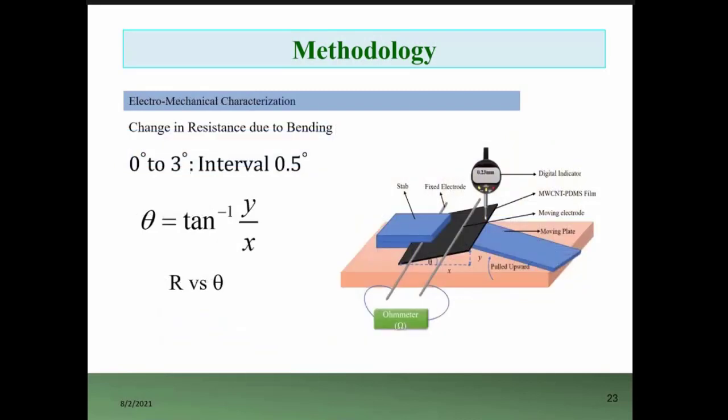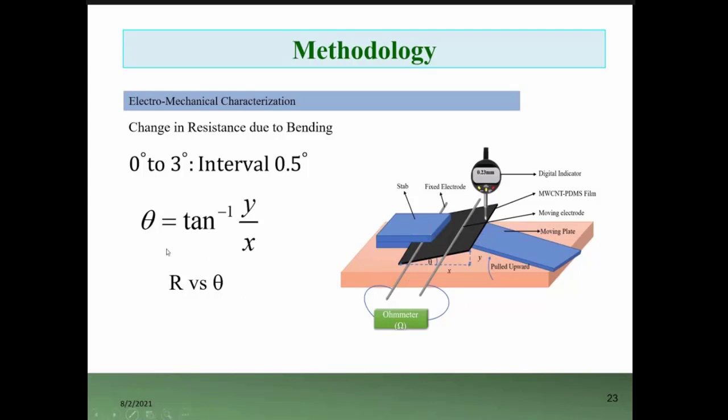Now, when I performed the electromechanical characterization, basically in the film, there were 2 electrodes, and the 2 electrodes were connected with an ohm meter, and one side of the film was clamped strongly, and another side of the film was pulled upward to make bending from 0 to 3 degrees with 0.5 degree interval.